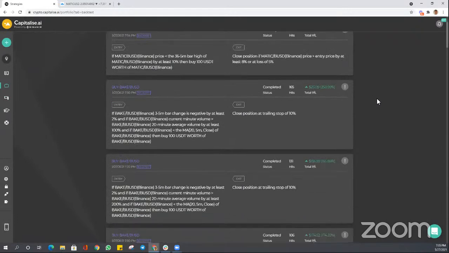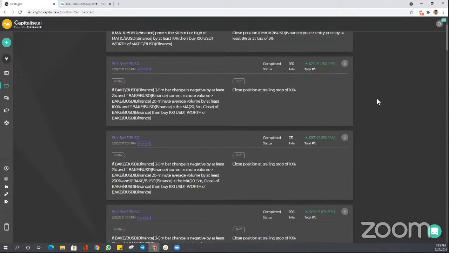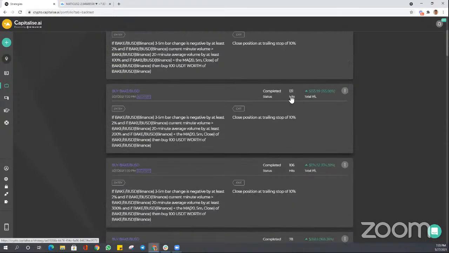Okay, so let's go have a look here. Okay, so this one here with 100% volume spike on the current minute, greater than the 20-minute average volume: 165 hits at 250 P&L, 131 at 155.